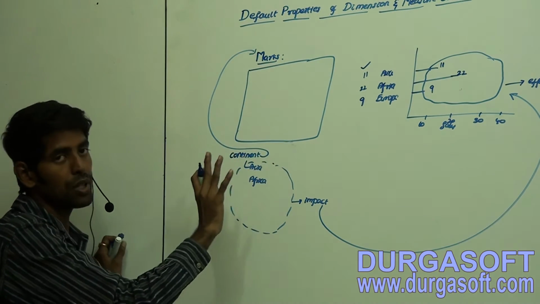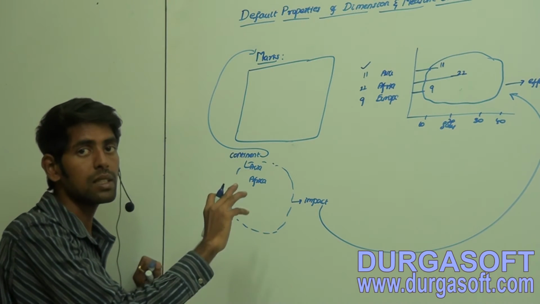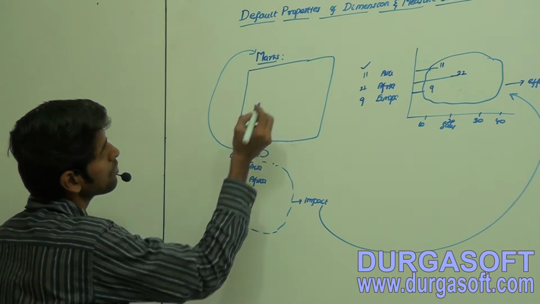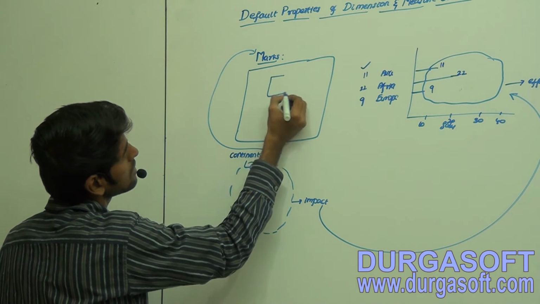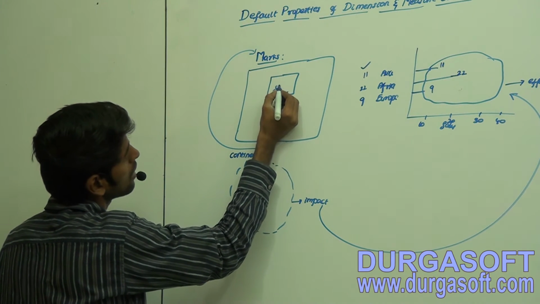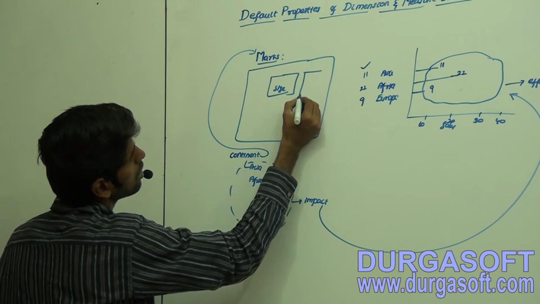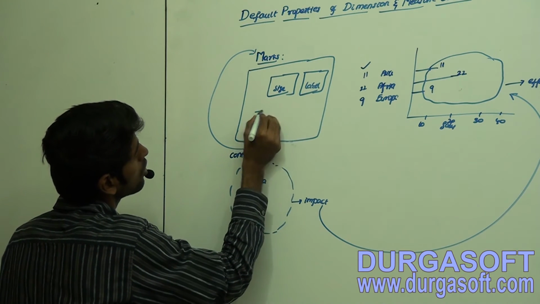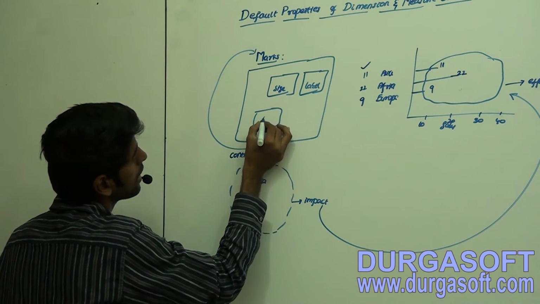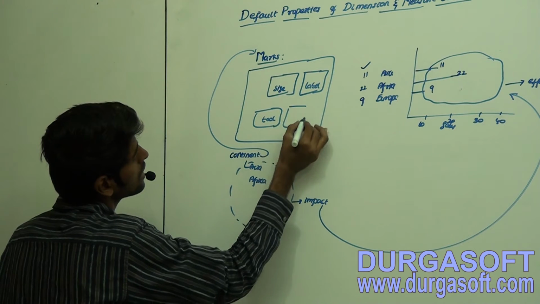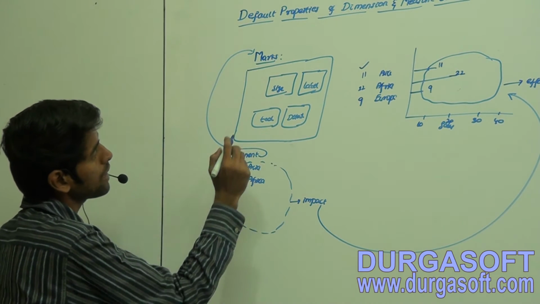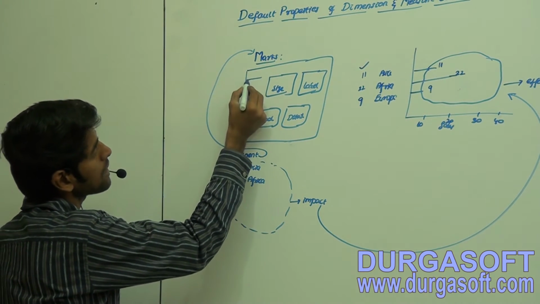Let me give a brief idea, and this is a good area for us to discuss this marks shelf. Here we have a size option, and another is the label option, and another is the tooltip. By default it will be enabled, no need to worry. Another is the detail one. After detail we have one more important option, that is color, guys.